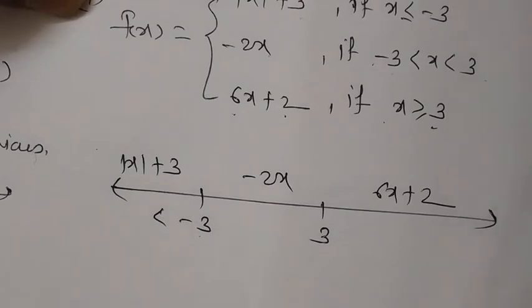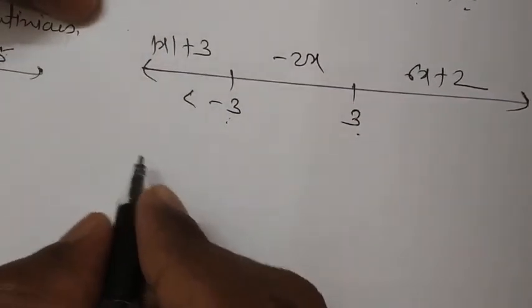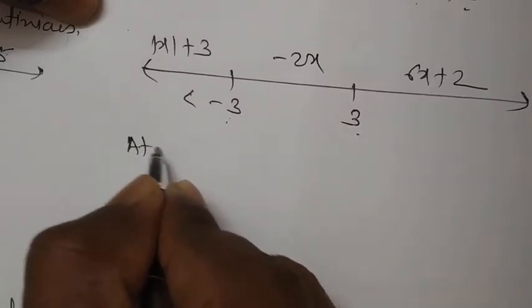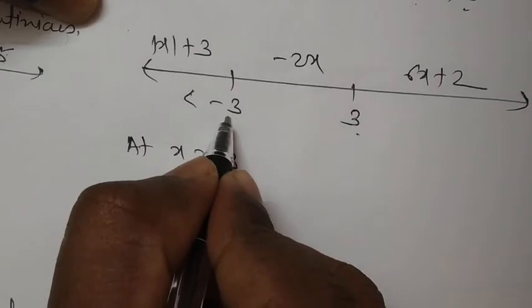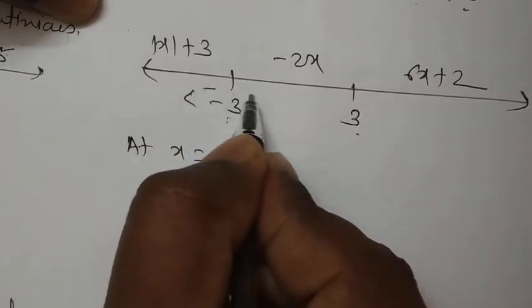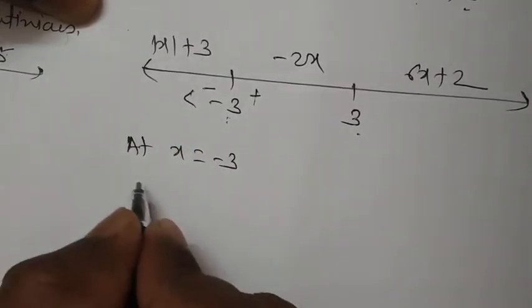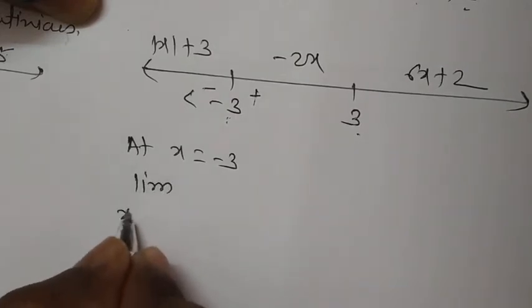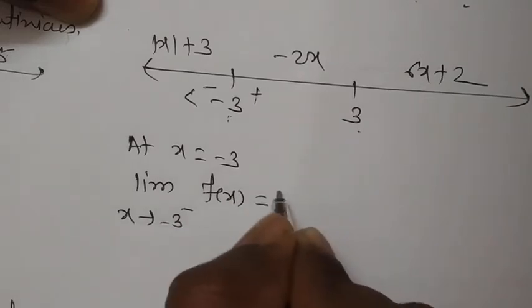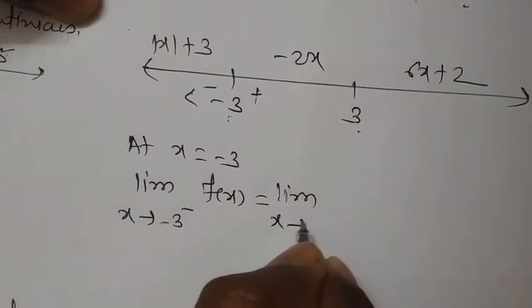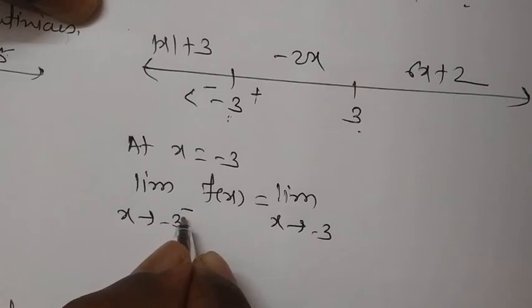There are 3 answers. So we will check first minus 3 and 3, the constants. Limit x tends to first minus 3. For this minus 3, it is minus 3 minus and minus 3 plus. Then limit x tends to minus 3 minus of f of x indicates the left hand limit. What is the left hand limit?